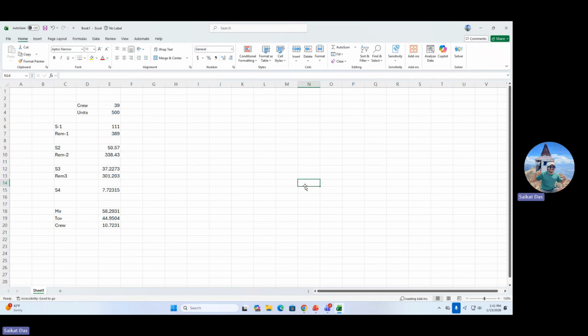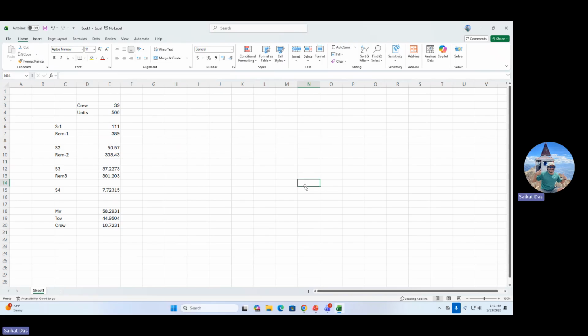So right now, we are creating some sure-shot test cases. There are no edge cases here, like a crew count being negative. You need to handle that. You need to create a test case like that, but later on, not for this project. For this project, we're assuming crew and units are valid numbers. We don't need to check them.